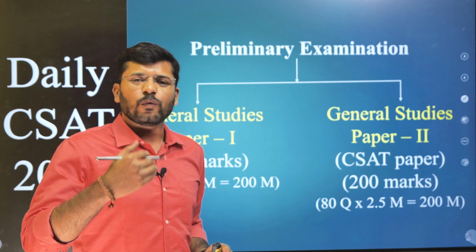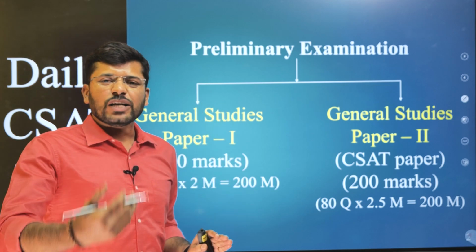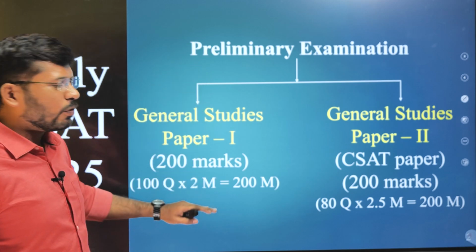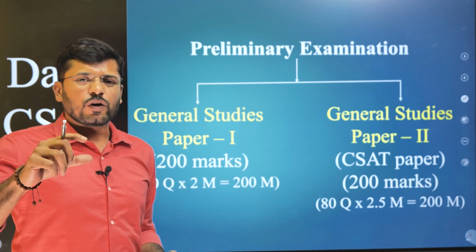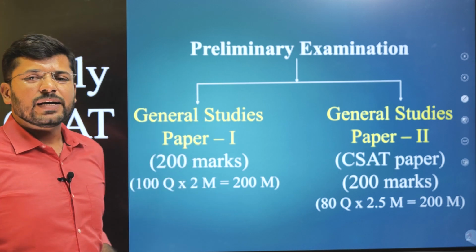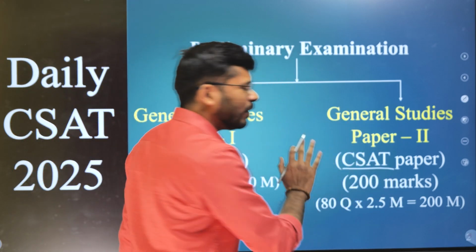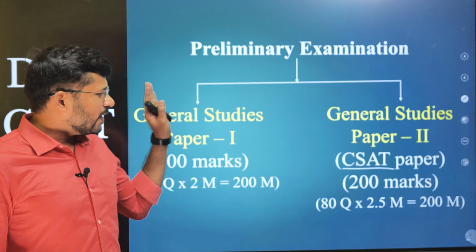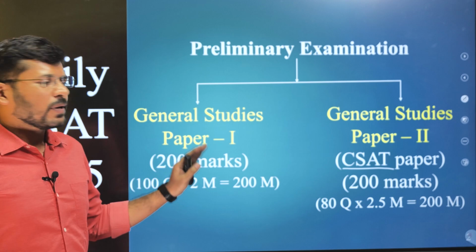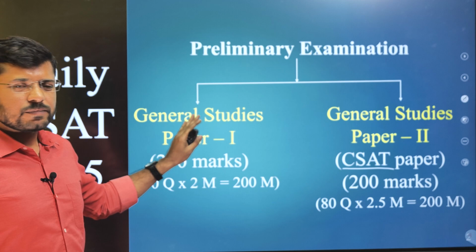Even if you scored 150, 160, 180, it doesn't count at all. Your passing and your going to the main stage will completely depend on your score in paper 1. The cutoff score that they announce for your prelims examination is applicable for GS paper 1. For your CSAT paper, only qualifying marks is enough. Let's say the cutoff for this year was 110 for prelims, and you scored 120.